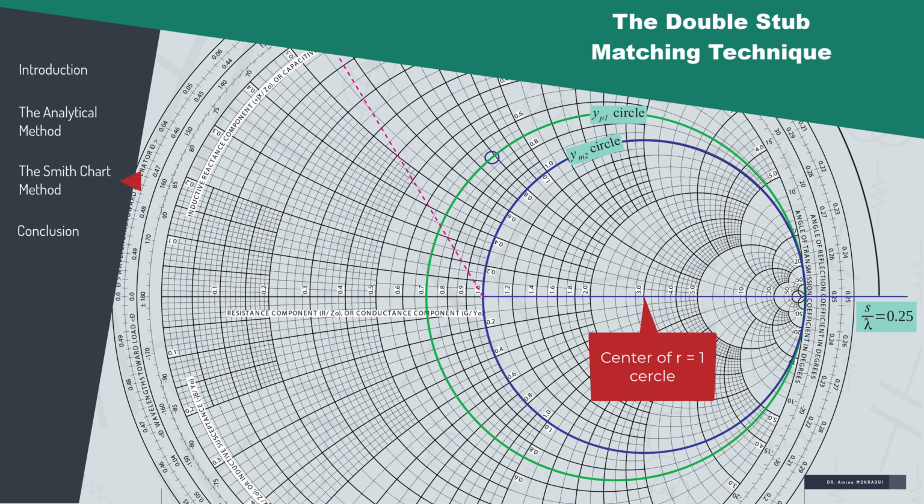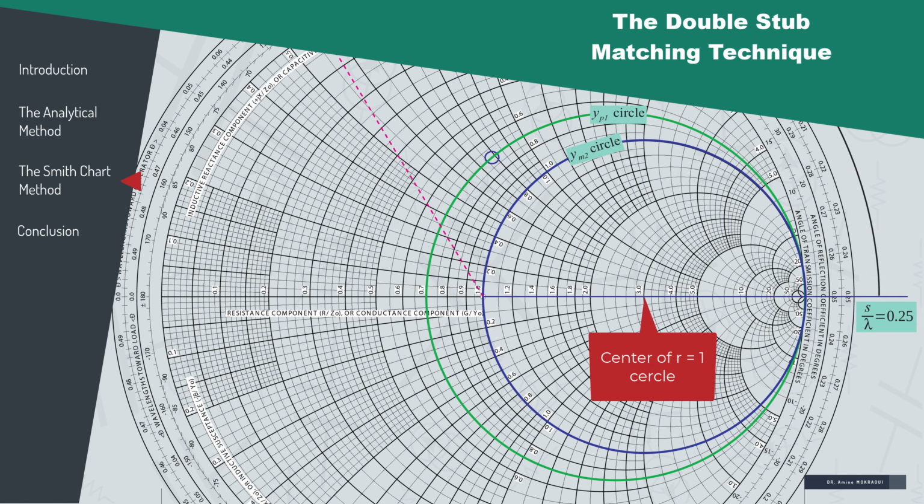We must walk a distance of d2 over lambda equals 0.667 on that scale to reach S over lambda equals 0.25 plus 0.667, which is equal to 0.917, which is equivalent to S over lambda equals 0.417 on the Smith chart.